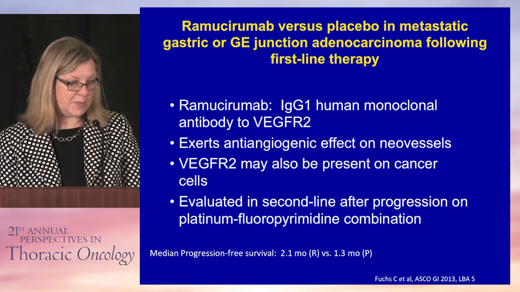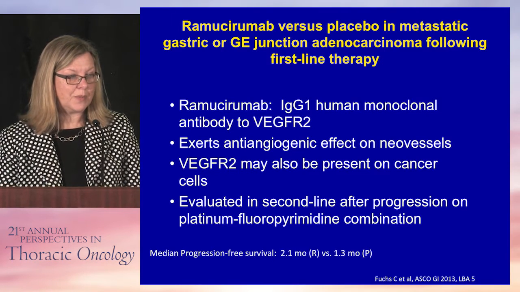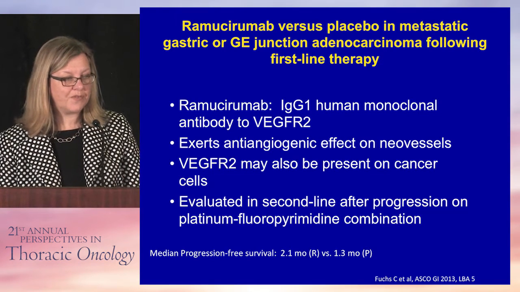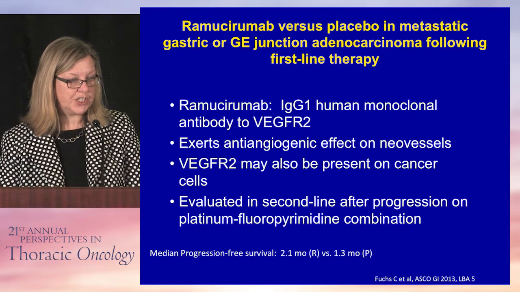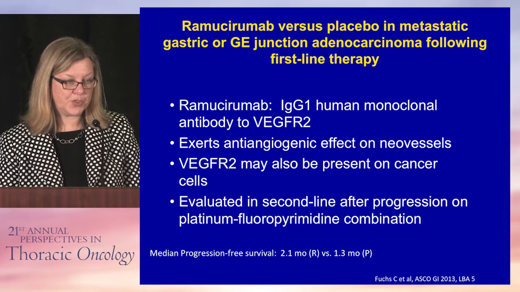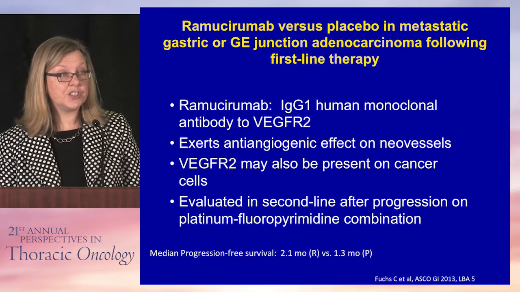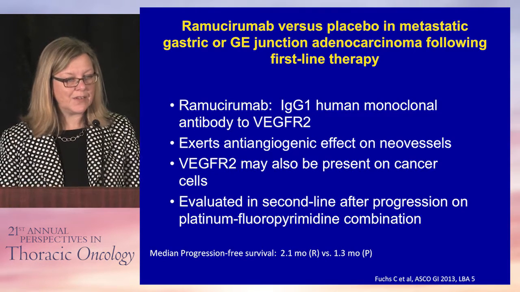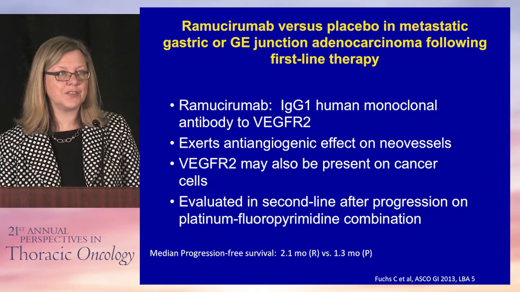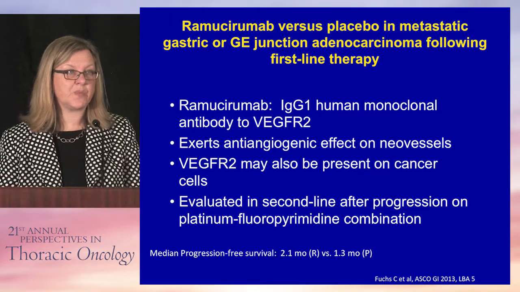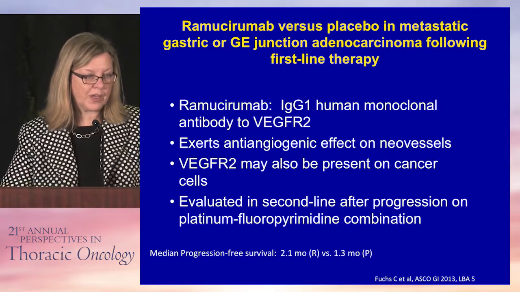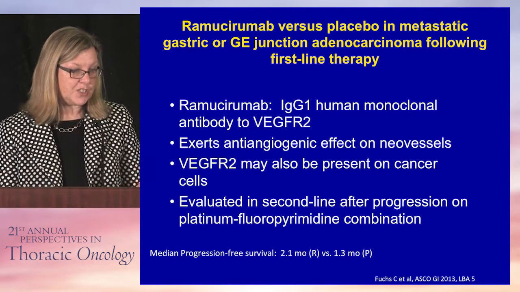But now ramucirumab's been brought forward and compared to placebo in patients with second-line therapy, or patients who had failed first-line therapy for gastric or GE junction cancer. As people know, this is a monoclonal antibody that's targeted to the VEGF receptor 2. It exerts its anti-angiogenic effect predominantly on neovessels, but esophageal and GE junction and gastric cancers are among the solid tumors where VEGF receptor 2 can be expressed directly on the tumor cell and potentially have a growth-promoting role in that location as well.